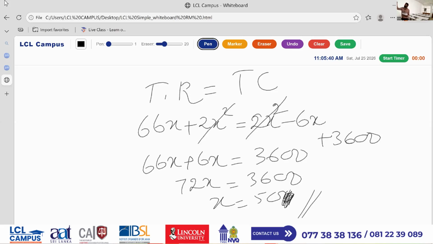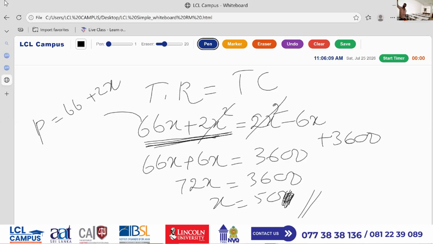Here, the demand function is given like this, instead of the total revenue, 66x plus 2x squared, no? Instead of that, they are giving the demand function P equals 66 plus 2x. On a demand function, how to obtain the total revenue from this? By multiplying by the number of units.